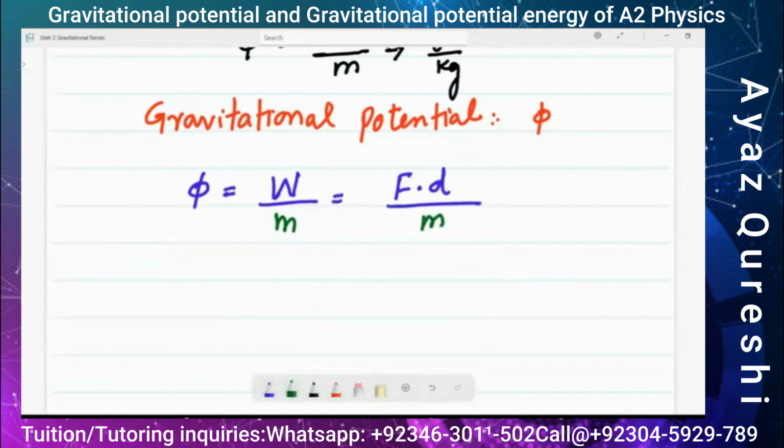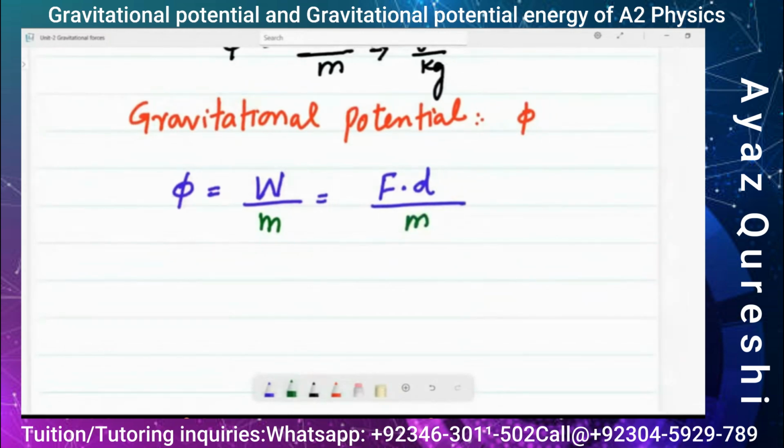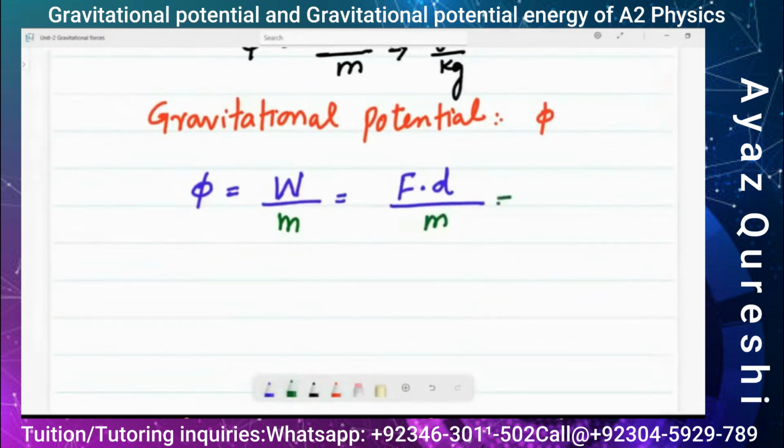According to the gravitational field strength, if I say this is F, then it would be negative G, mass of the planet, mass of the object, divided by r square, into d.